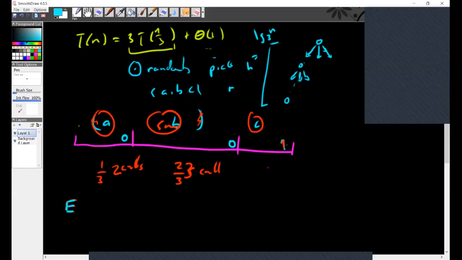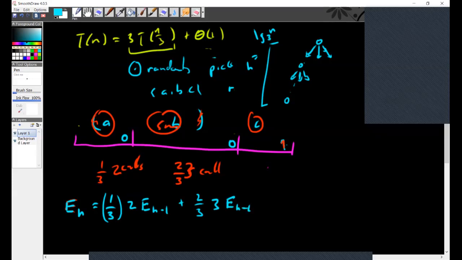The expected running time of this algorithm at height h is just going to be, with probability 1/3, 2 calls of the expected running time of the algorithm on h minus 1, plus 2/3 times the 3 calls that happen, with the expected running time of h minus 1.